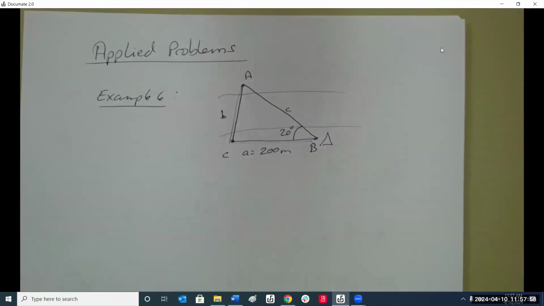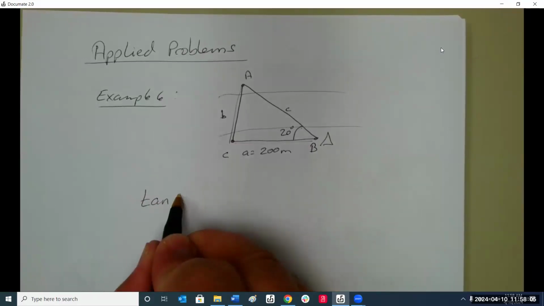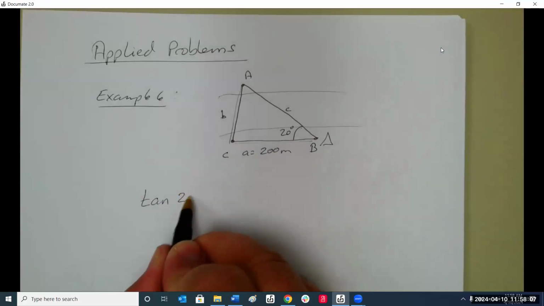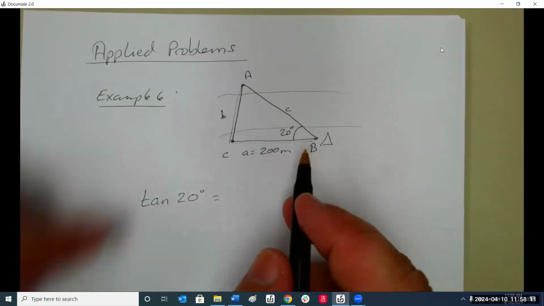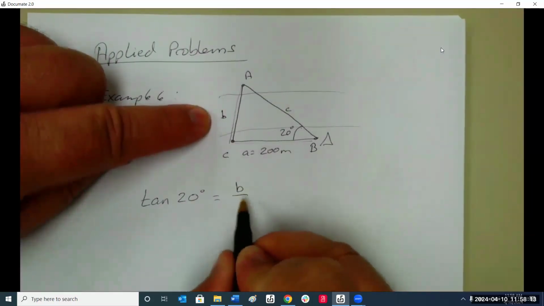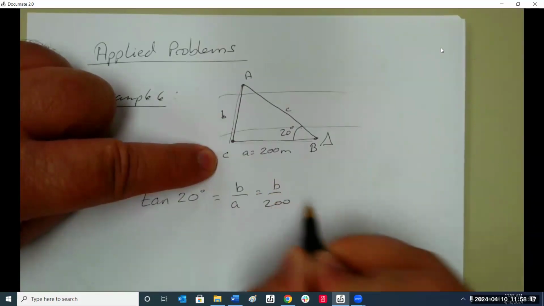So what function are we going to use? We're going to use tangent. Angle is 20. The tangent is opposite over adjacent, which is the width over 200.